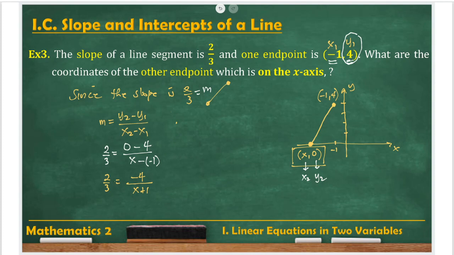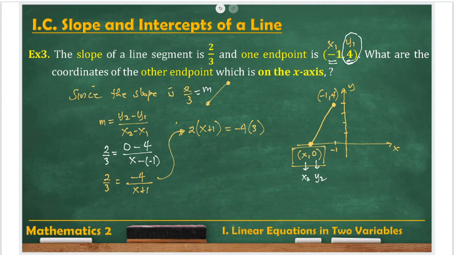Cross multiplying, we have 2 times the quantity x plus 1 is equal to -4 times 3. It's like multiplying both sides of the equation by 3 times x plus 1.